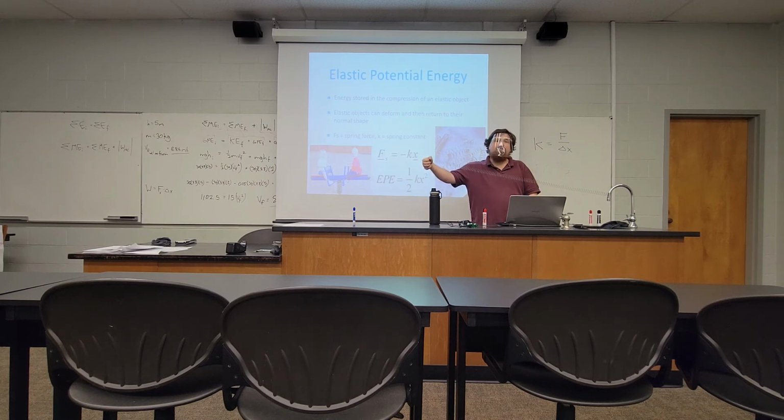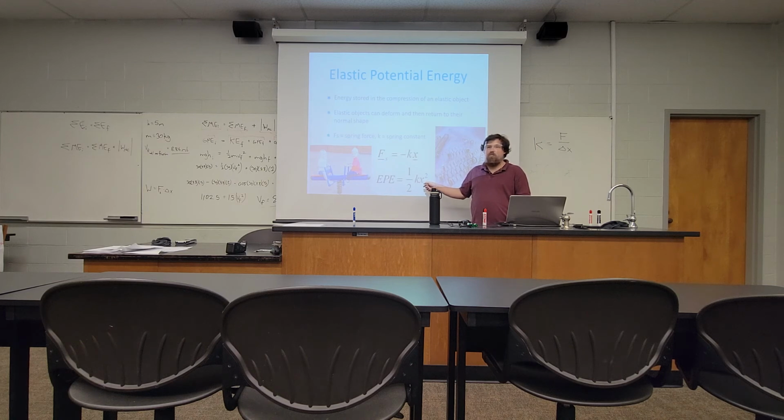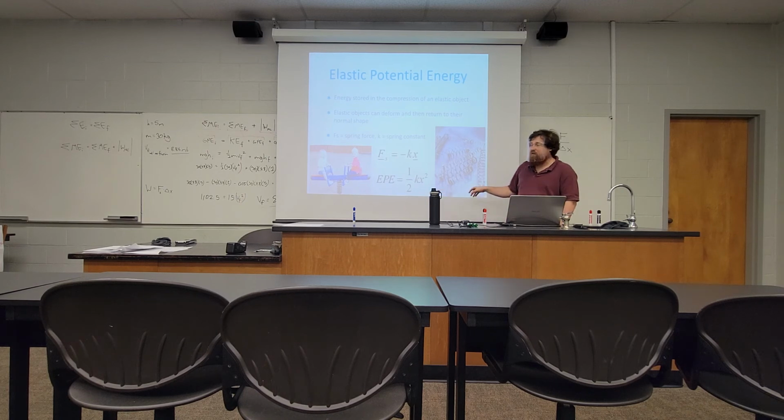What is the magnitude of its deformation? How much longer is it than its starting length? 2. It was 1, now it's 3, so it's 2 meters longer. That means that 2 is the number that goes in here, not 3, not 1. So it's specifically the change in size, not the final size.